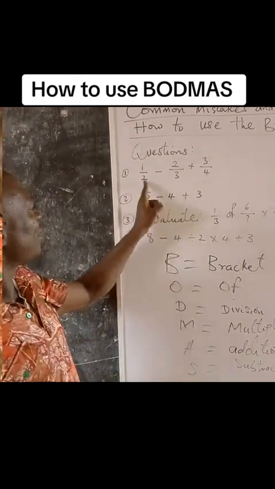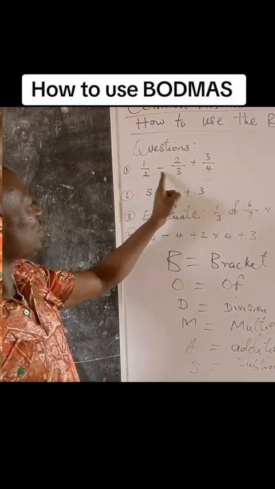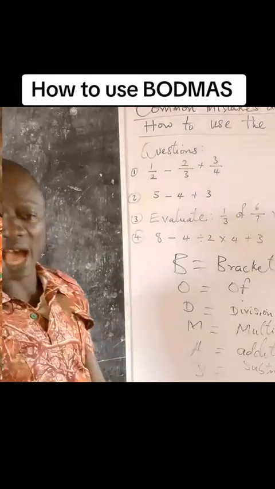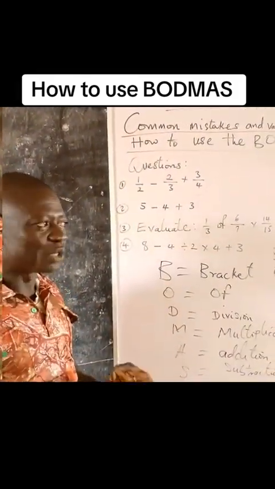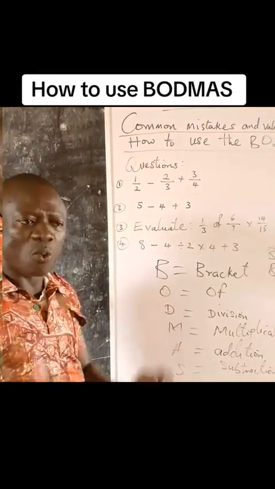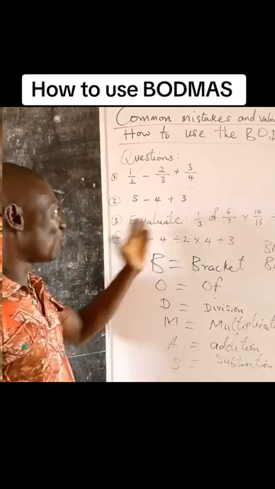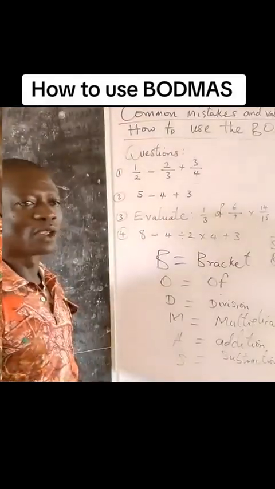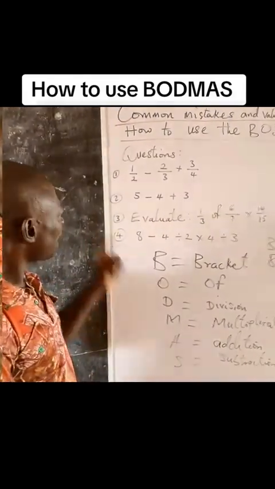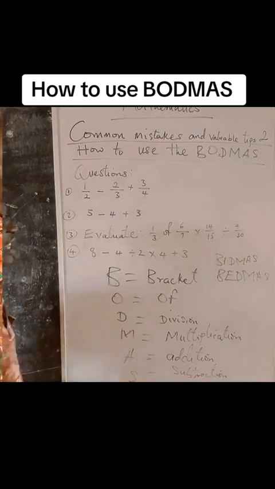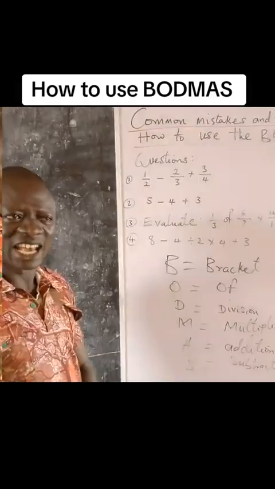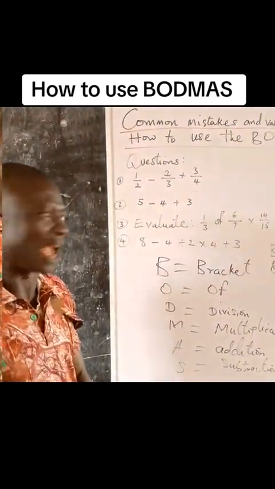In question number one here, addition and subtraction are the only signs we have. And the only time we use BODMAS is when we have more than one sign in a question we need to simplify or evaluate. People make a mistake of coming to bracket this. Let us try it and see how the answer is going to look.